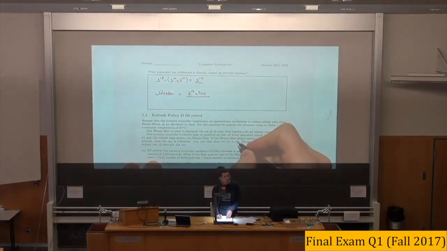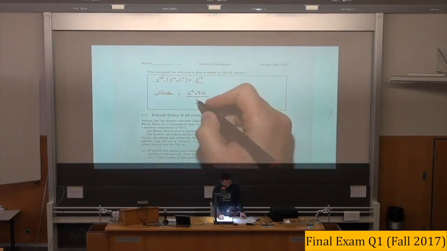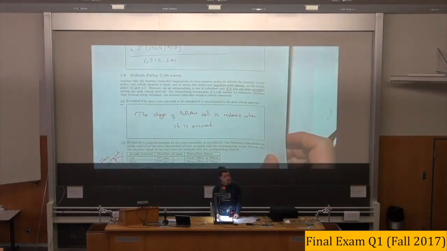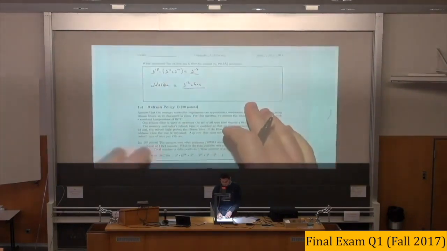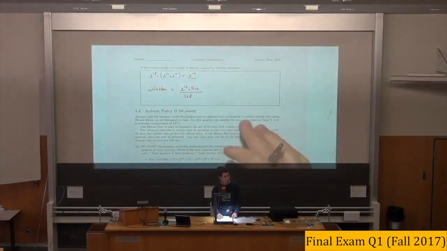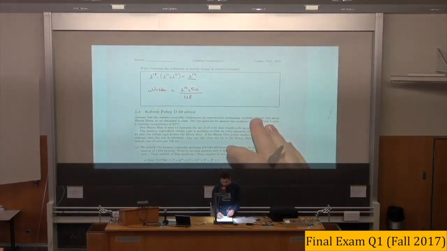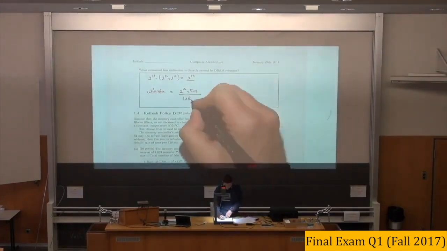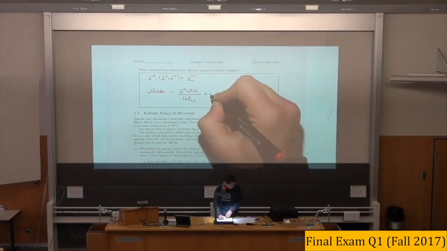But remember, the refresh interval will not be 64 anymore, because we will be refreshing those rows only once in each two refresh intervals. So the refresh interval will basically be 128, not 64. And this will result, I believe, like this.